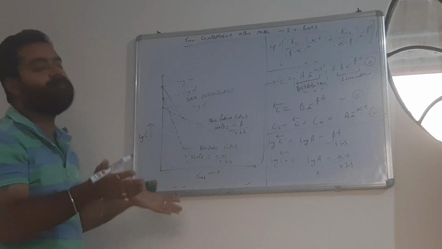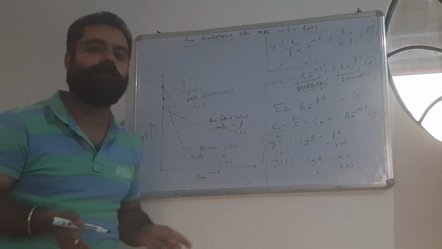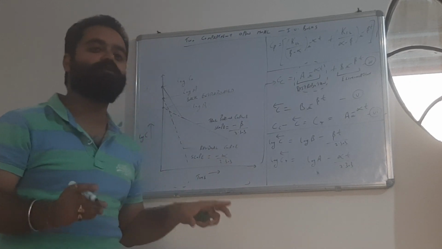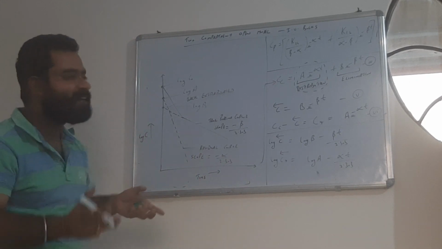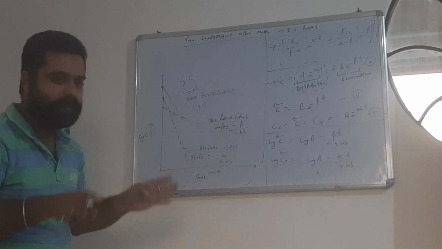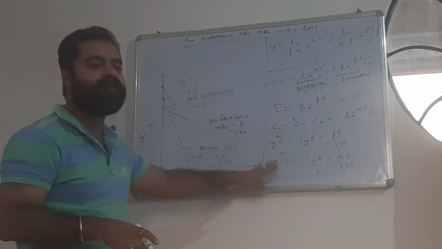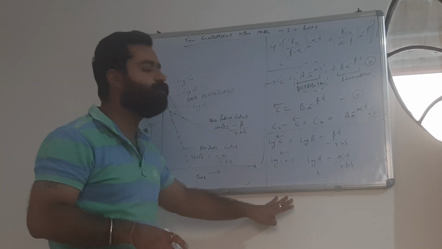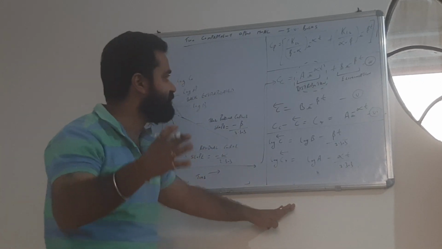So in a multi-compartment model or in a two-compartment model, we simultaneously use a number of constants. That is why the calculation becomes a bit more complex and lengthy, because in trying to simplify the equation, we have to use a number of constants.